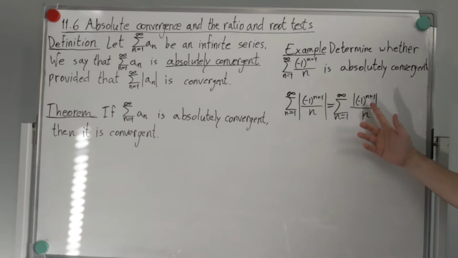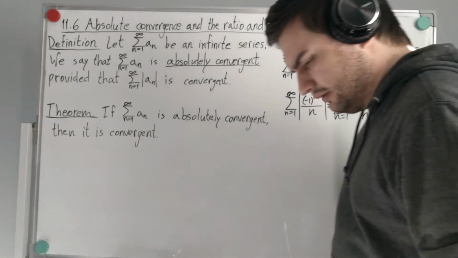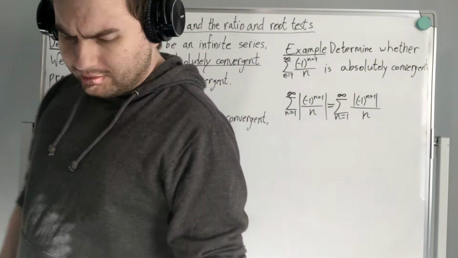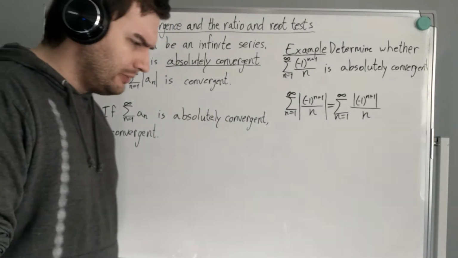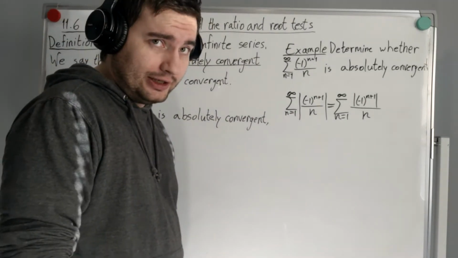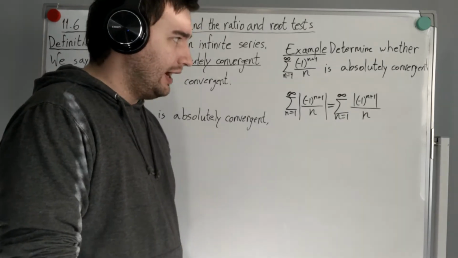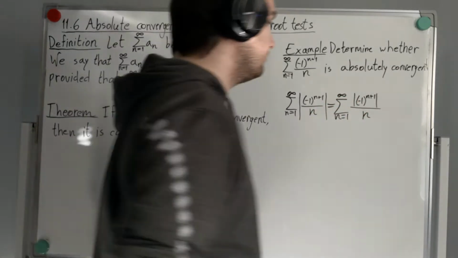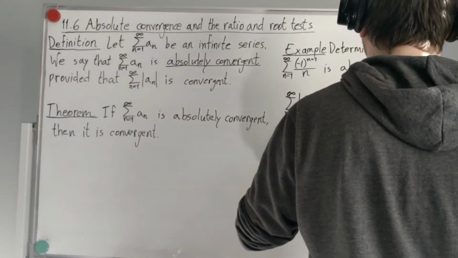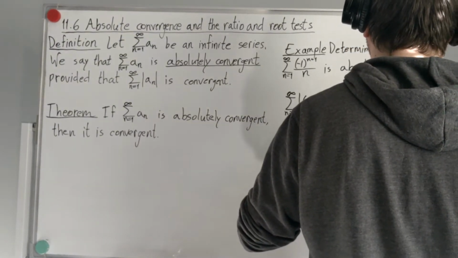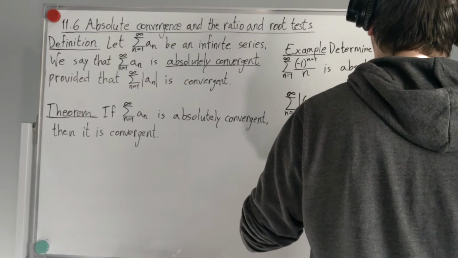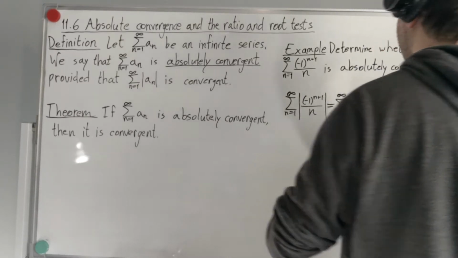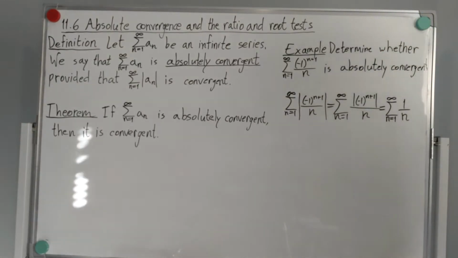But now the absolute value of (-1)^(n+1), well, let's see here. (-1)^(n+1) might be 1, or it might be -1, depending on whether n is even or odd. Either way, though, the absolute value is still 1, right? Okay. So this is the sum from n equals 1 to infinity of 1 over n. And that's the harmonic series, right?